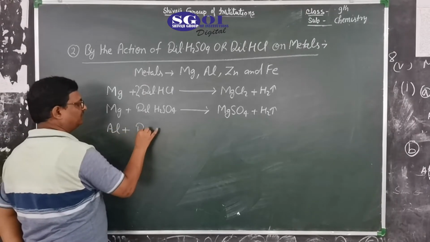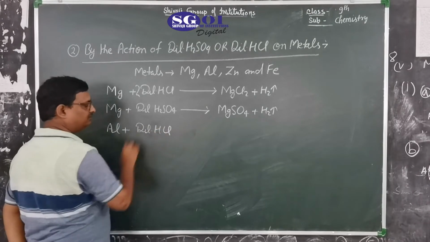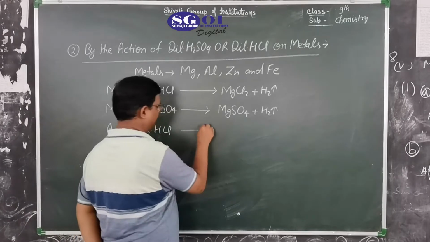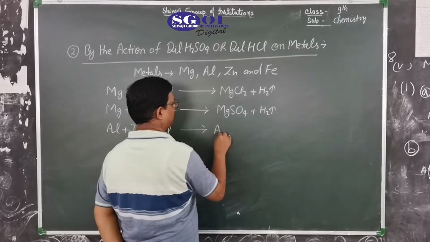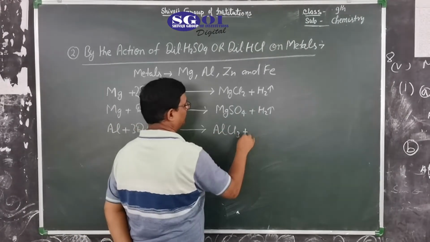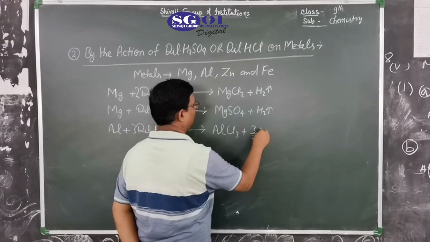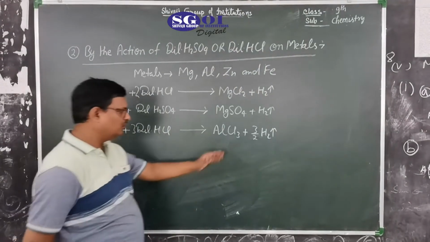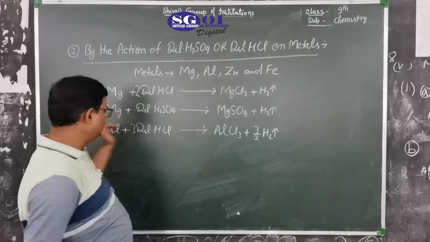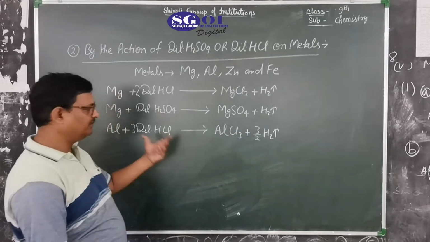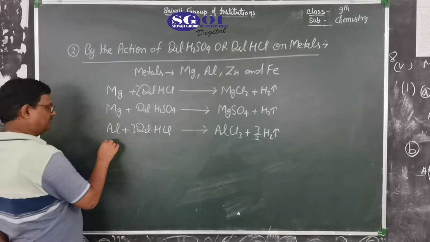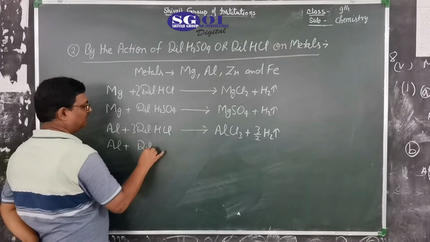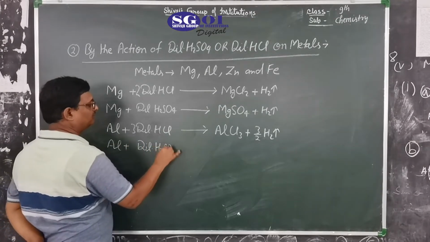Now we take aluminium with dilute HCl. 3 moles of HCl give AlCl3 with the removal of 3/2 H2 gas. Due to balancing, we multiply the whole reaction by 2 to give a whole-number reaction. Similarly, aluminium reacts with dilute H2SO4.